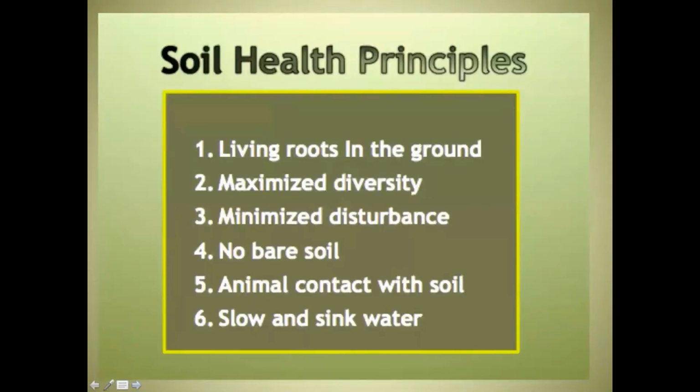So the soil health principles are something that we can all embody to manage our relationship with the land better than we have in the past. These principles are something that I've been employing at all scales of gardening and farming that I do. The top four, 1, 2, 3, and 4, were designed by the Natural Resources Conservation Service, originally called the Soil Conservation Service after the Dust Bowl.